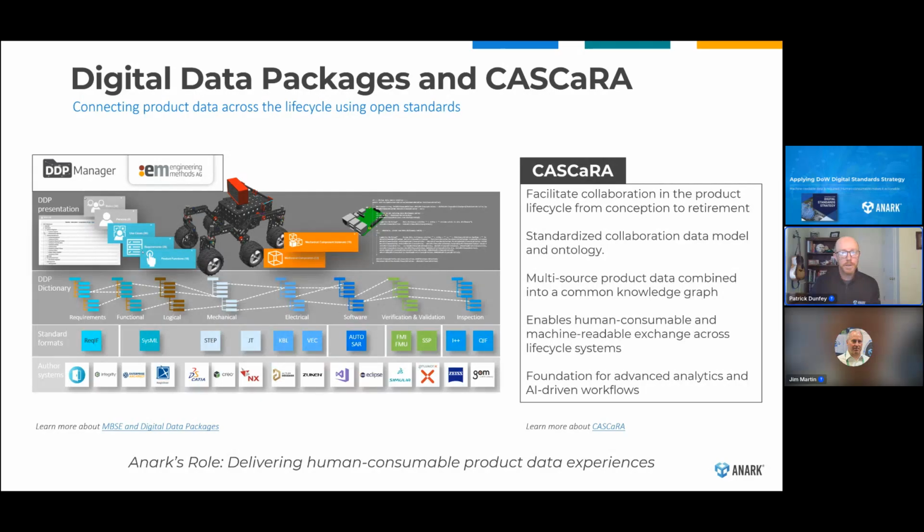The goal of the Cascara project is to map that, and have a common data model and ontology that's an open standard that allows you to create human consumable and machine readable exchanges across the various authoritative systems.